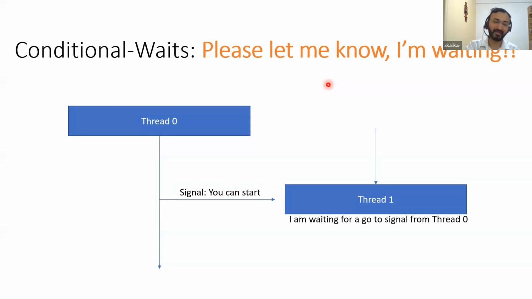So a thread preempts from the current execution. Yeah, that is true. I'm trying to introduce the concept of conditional waits here. So thread 0 should signal thread 1 that I am done, now you should start. So that thread 1 is not unnecessarily spinning or wasting CPU cycles.